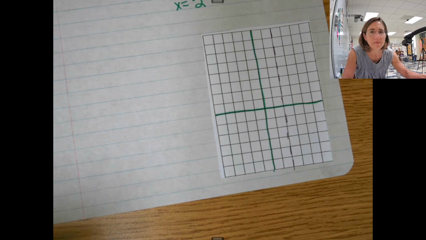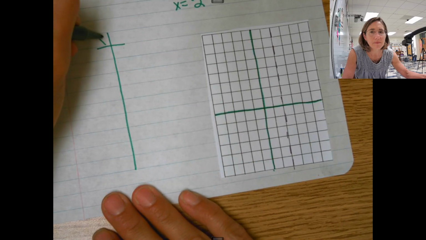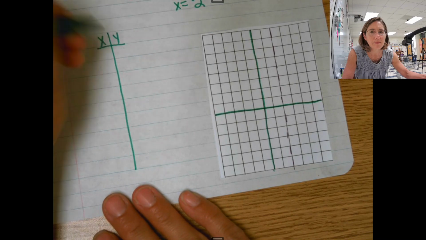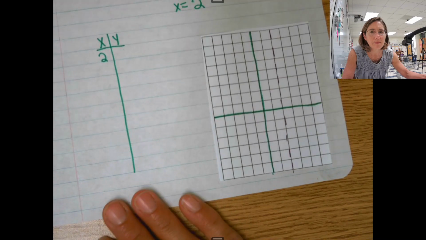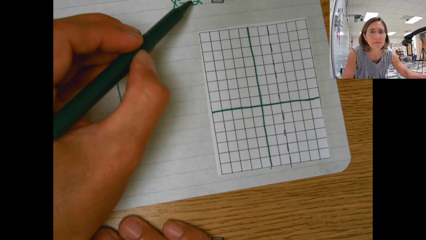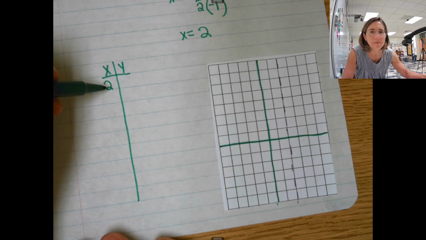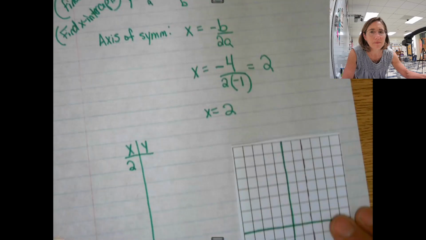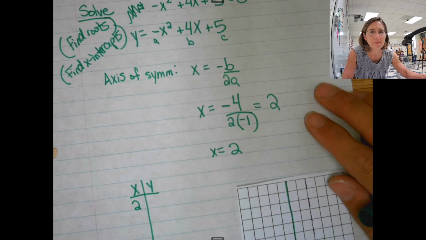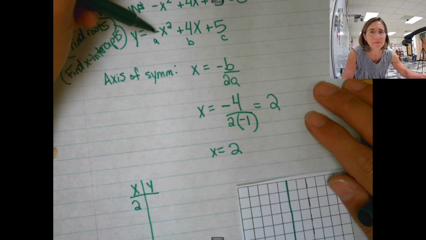So let's find some values. I need to know where that vertex is. Well, I know the x value of the vertex is at 2 because that axis of symmetry formula gives you the x coordinate of that. So now I need to take that 2 and plug it into my equation. The squaring happens before the negative sign, so 2 squared is 4, then there's a negative on the front of that.